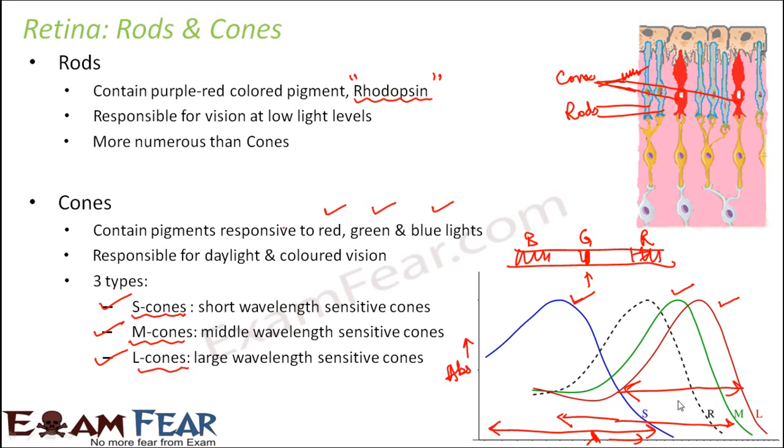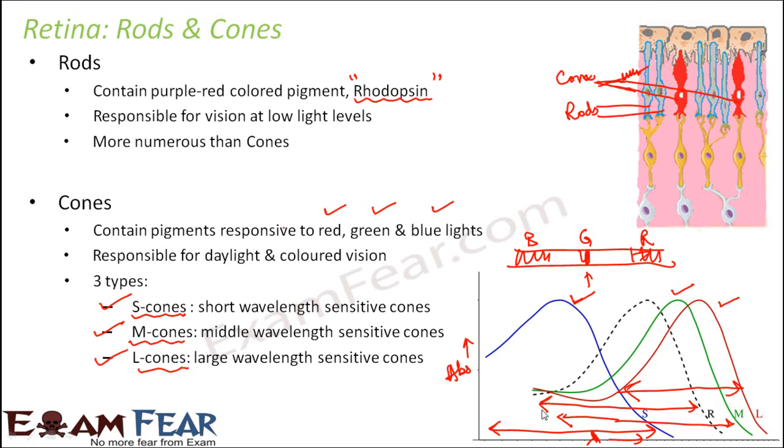Whereas the rods are like the middle of it, neither the small wavelengths nor the middle wavelengths nor the large wavelengths. As a result, they give you the sensation of white, I mean, black and white. They do not help you to recognize the extreme colors like the blues and the reds.